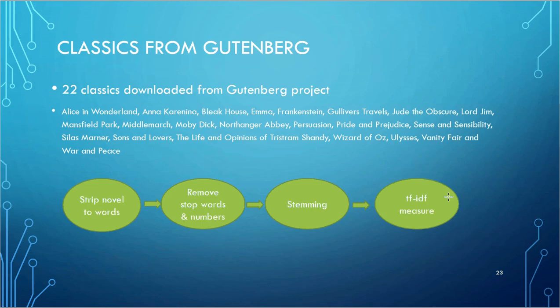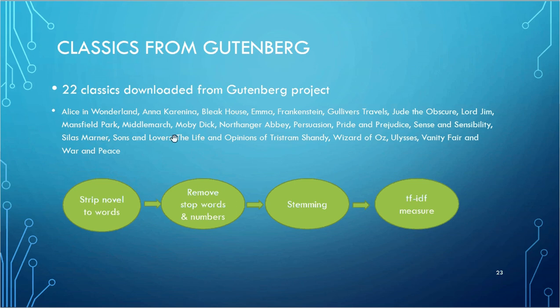The next example is using classics from Gutenberg. We downloaded 22 classics from the Gutenberg project. Again, this example was also motivated by Wilkinson's HDoutliers paper.